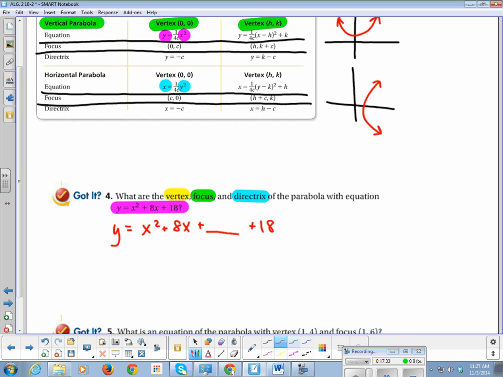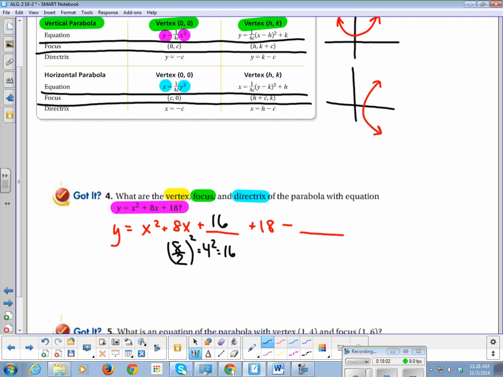We're going to put 18 over here. Whatever number we pick to complete the square, we're going to subtract it off the end to make sure we're keeping our equation equal. So to complete the square, we take our b value, we cut it in half, and we square it. So 8 divided by 2 is 4. 4 squared is 16.